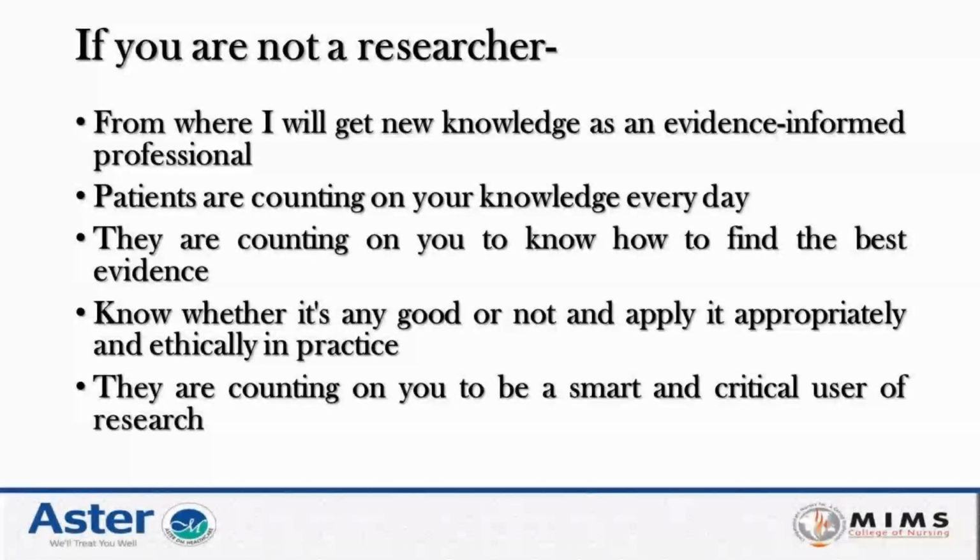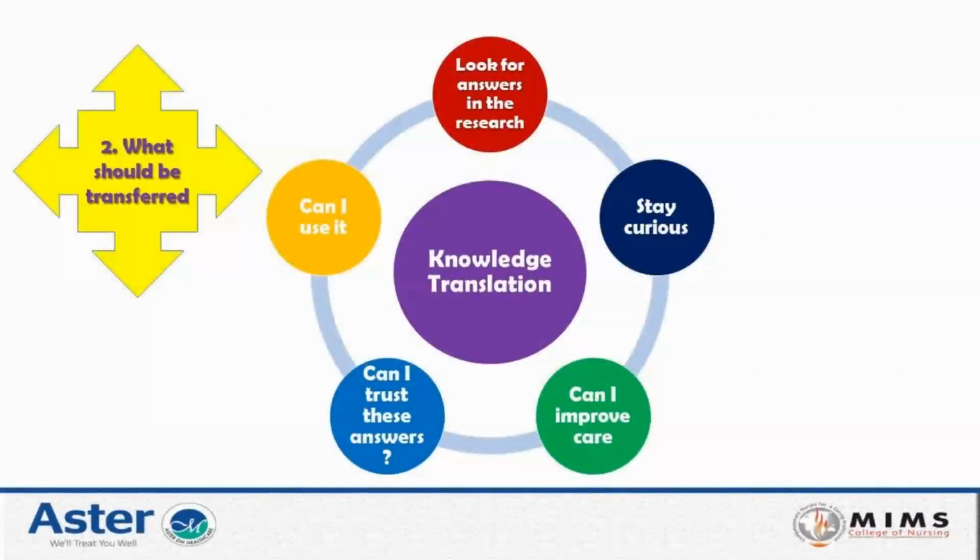And remember that patients are counting on your knowledge every day. They are counting on you to know how to find the best evidence. They want to know whether it is any good or not, and apply it appropriately and ethically in practice. They are counting on you to be a smart and critical user of research. So you must remember these things.